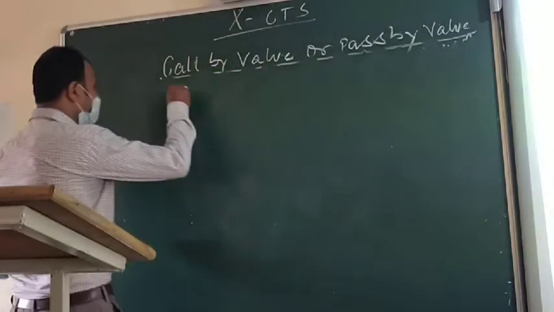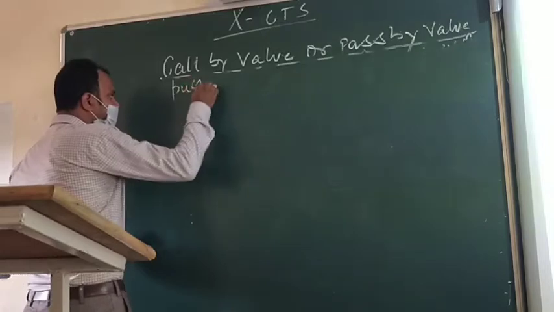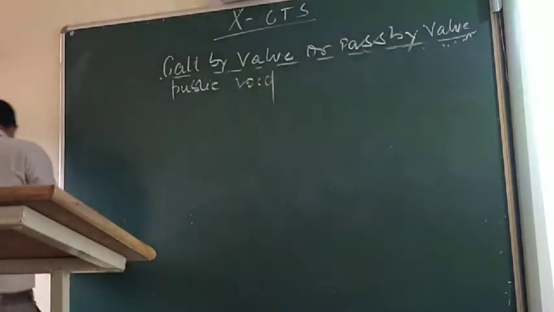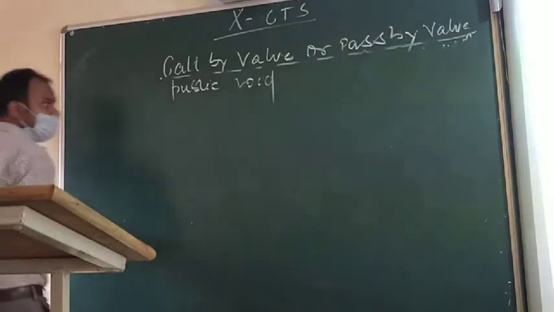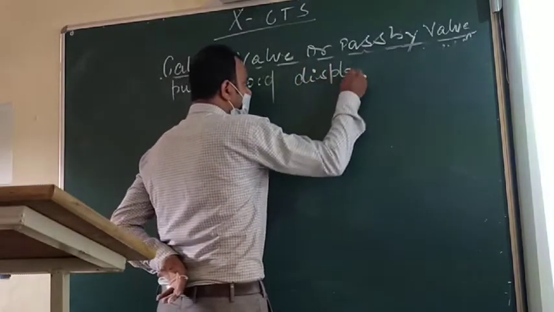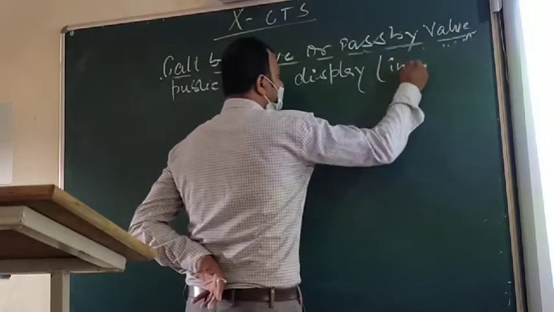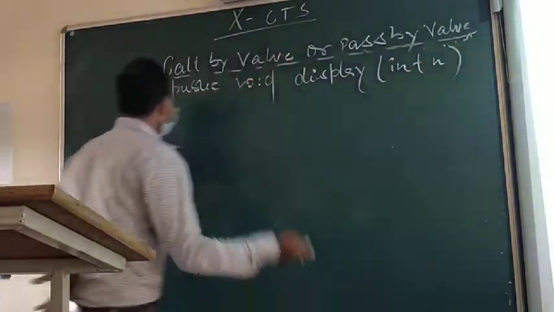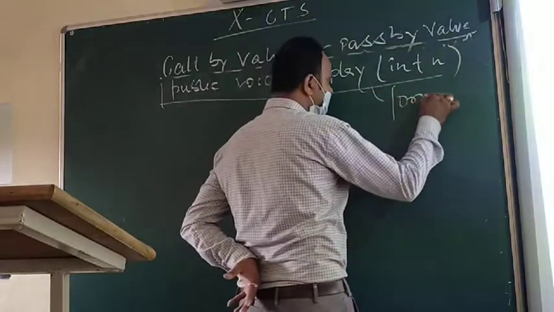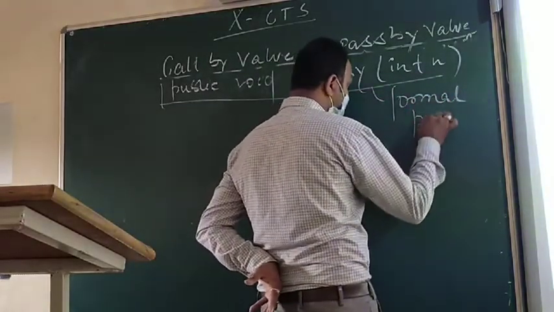For example, if you write public void display(int n), this is called formal parameter.